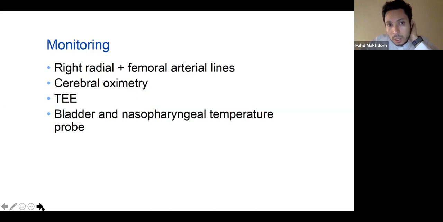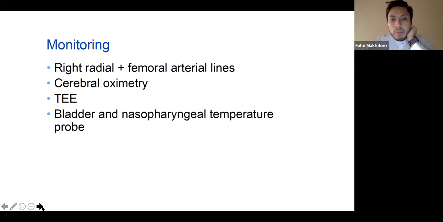Cerebral oximetry, transesophageal echo, and bladder and nasopharyngeal temperature are all important. You need the cerebral oximetry, obviously, to have information about brain activity before you start your circulatory arrest, and the bladder and nasopharyngeal temperature to monitor your hypothermia.